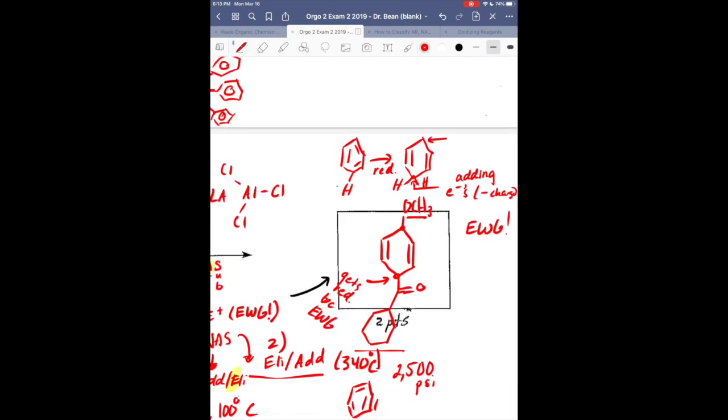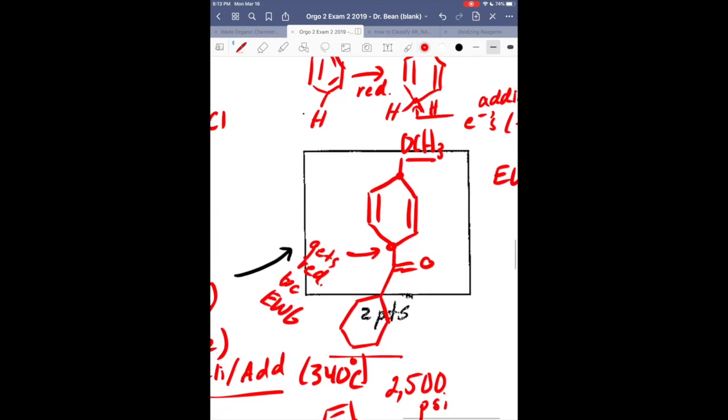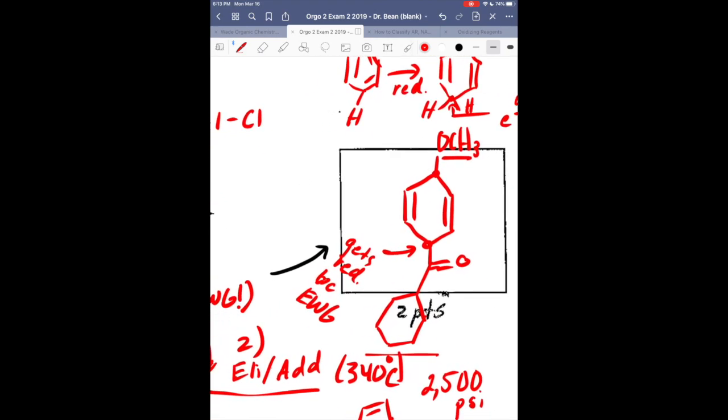I kind of took a tangent there to explain for those that really care about the conceptual understanding of it. But if you're just trying to get as many points as you can on the test, a cute way to remember this: remember I said we're praising the electron withdrawing group. So you can pretend that these little lines are your hands, and your hands are going to be praising up and down.